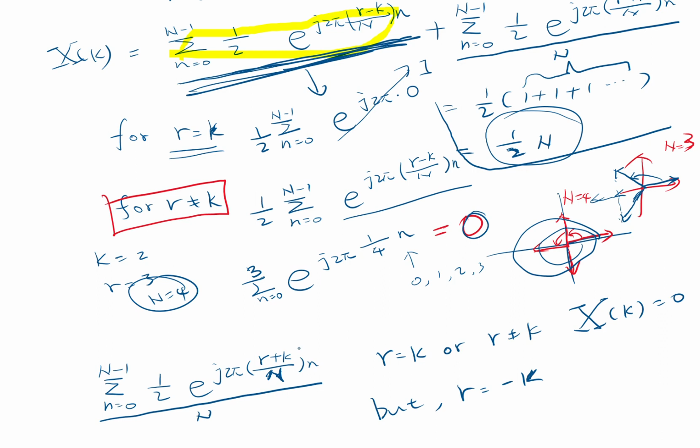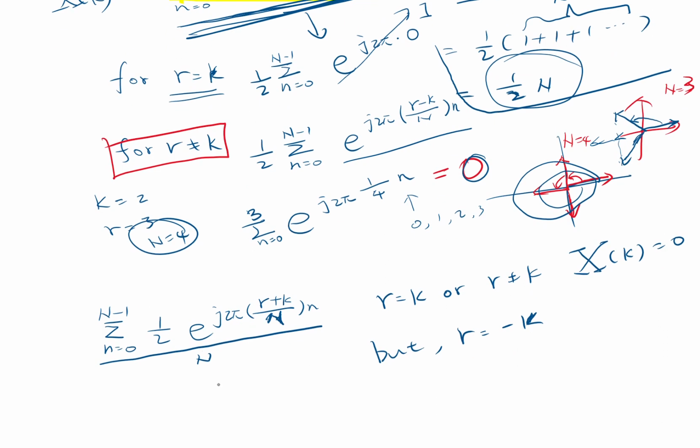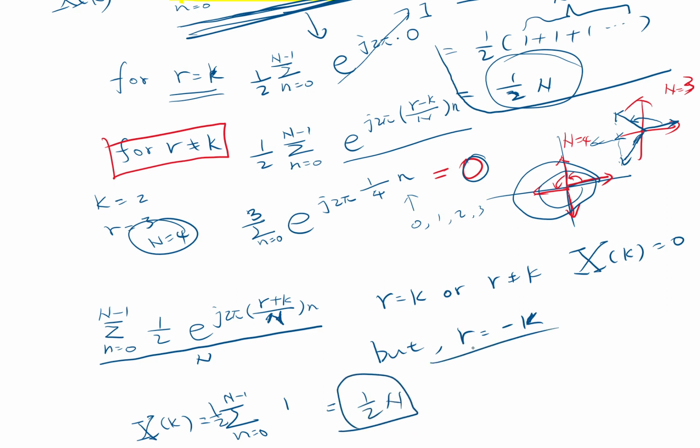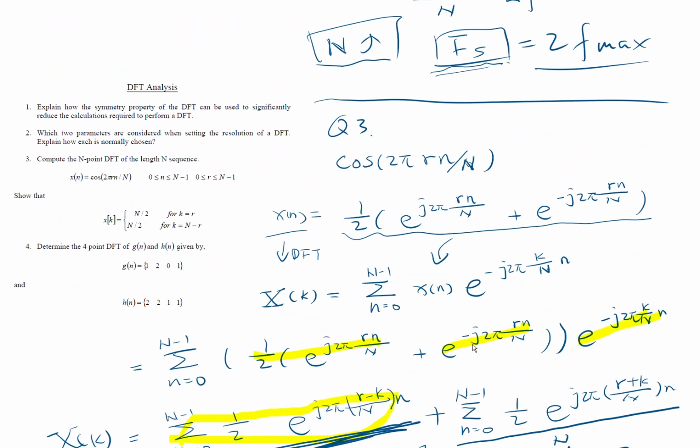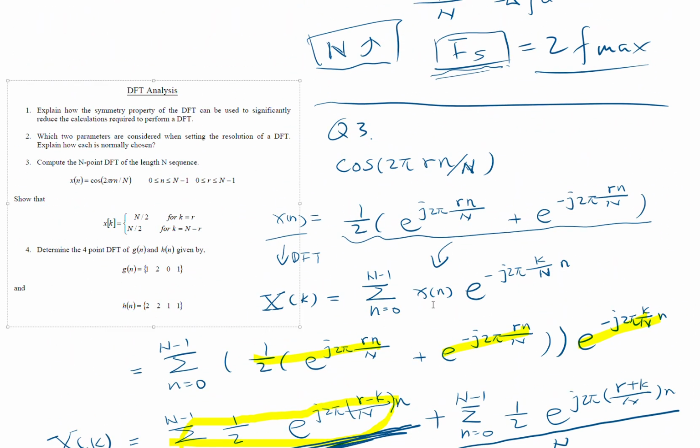Then the capital X k becomes a bunch of 1s summed together again. So there is a 1/2, right? So this is a half n as well. So that's actually the proof of the conclusion.